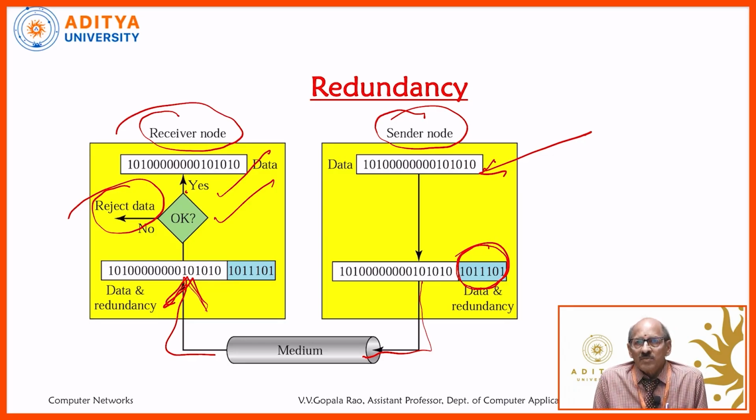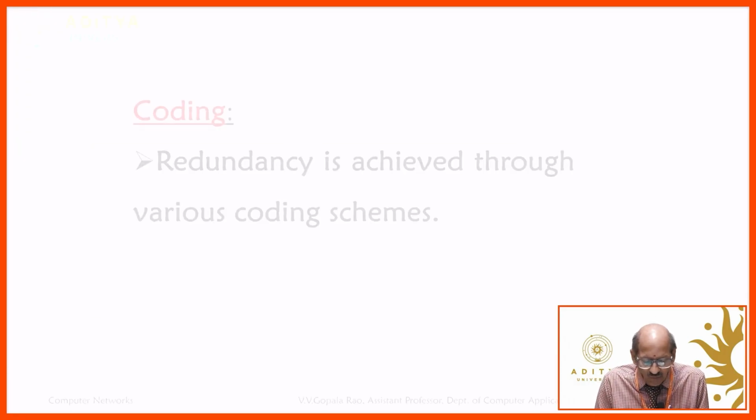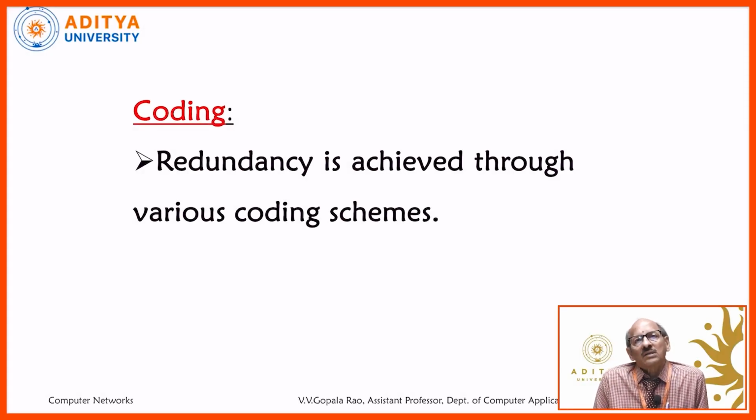That is why redundant bits play a very important role, and this process is called the redundancy process. There are many techniques using the redundancy concept, generally referred to as coding techniques, but in all cases redundancy plays an important role, by which you can at least identify whether an error has occurred or not.